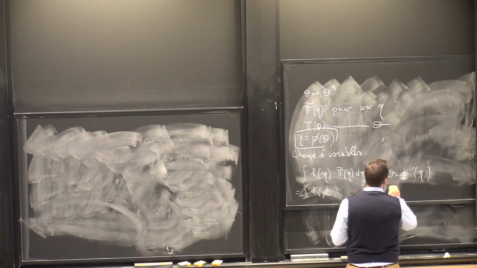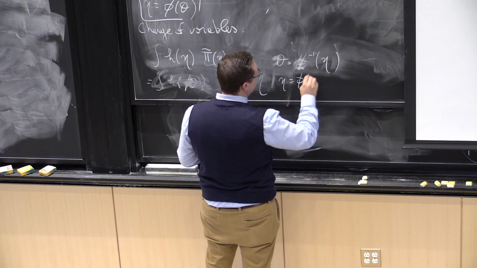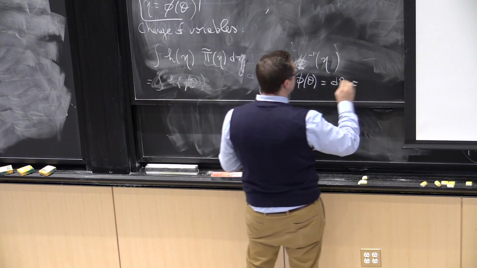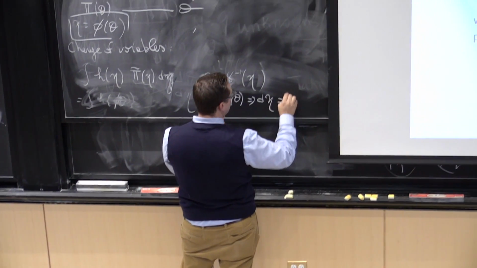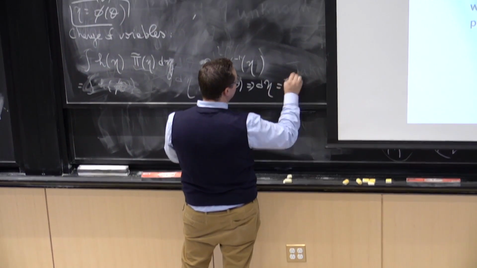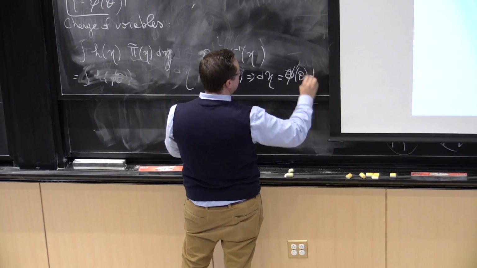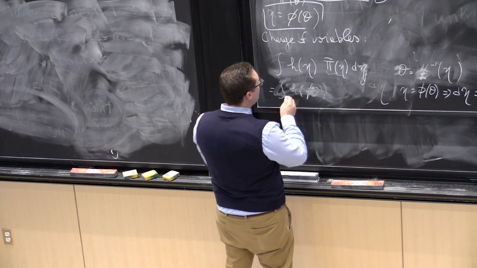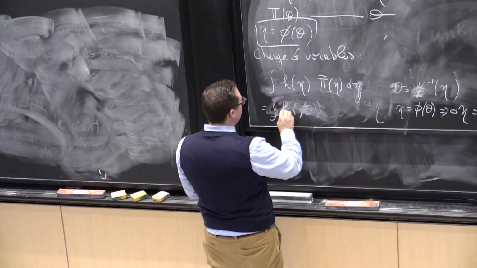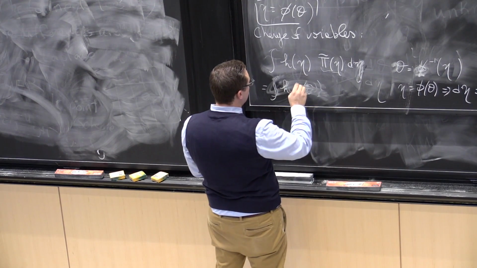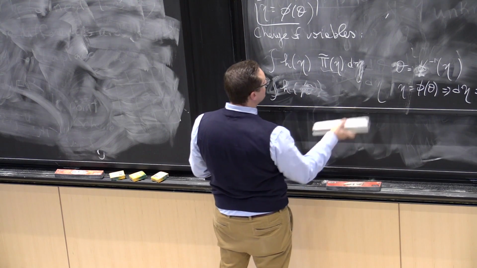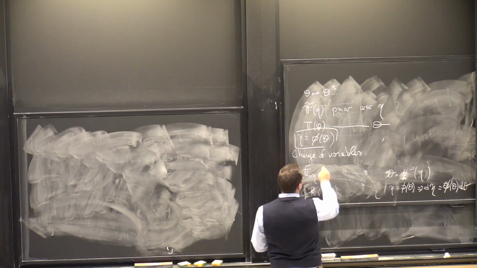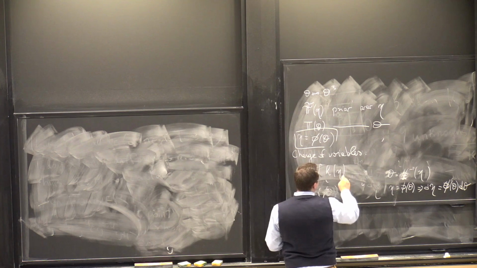So eta is phi of theta, which means that d eta is equal to phi prime of theta d theta. When I write this, I get the integral of h. Actually, I'm more comfortable writing this as the expectation with respect to eta of h of eta.